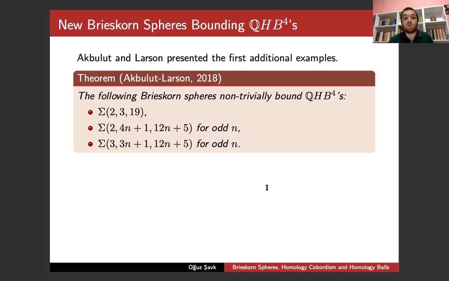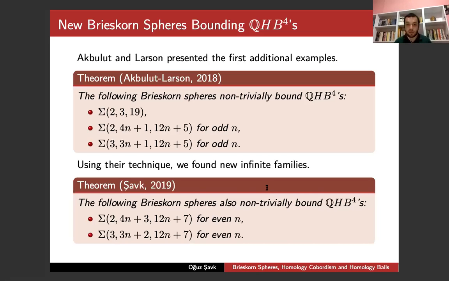I followed their work and technique and found new infinite examples, and showed that these Brieskorn spheres also non-trivially bound rational homology balls. Now, I describe the proof for the first family. It is fairly the same for the second one.